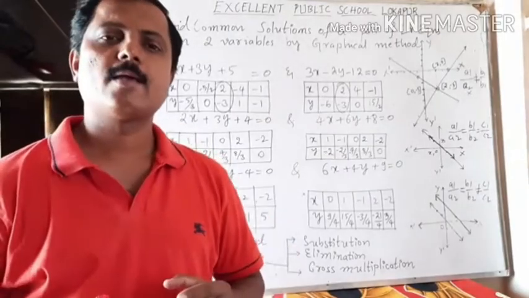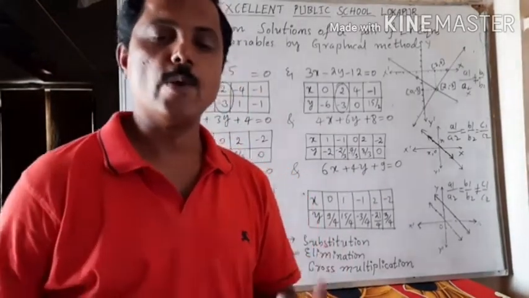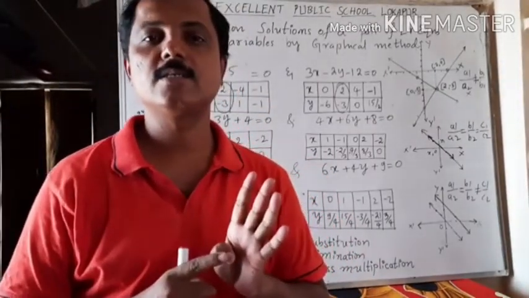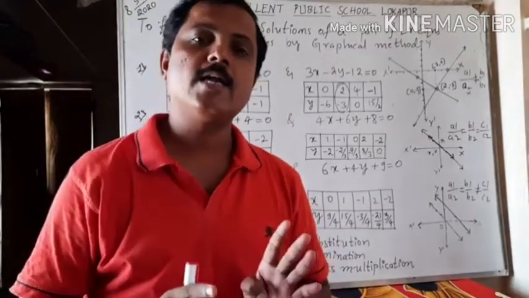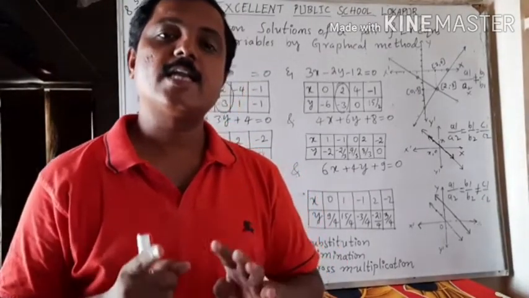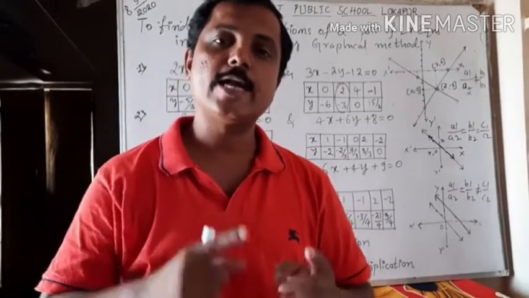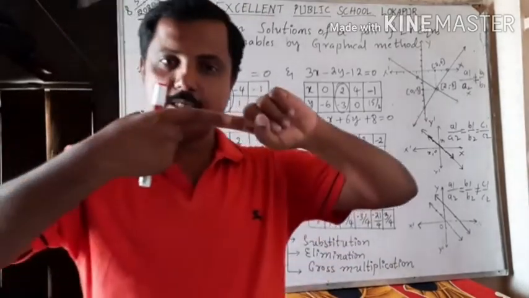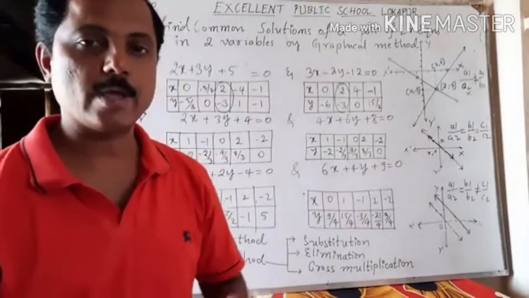In my last session we discussed a pair of linear equations in standard form, and if their graphs are plotted, what is the condition to get the intersecting graphs, the coinciding graphs, and the parallel graphs. That we have discussed.